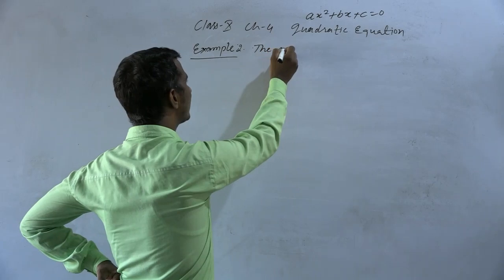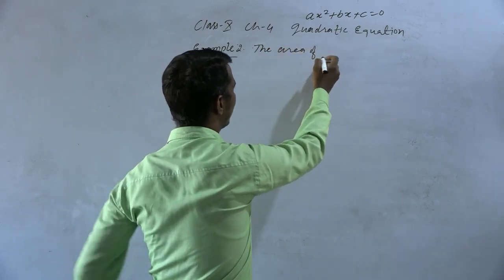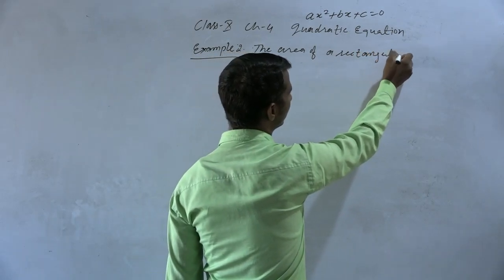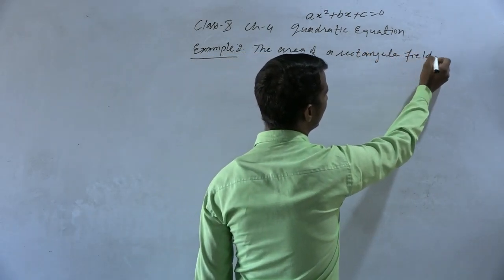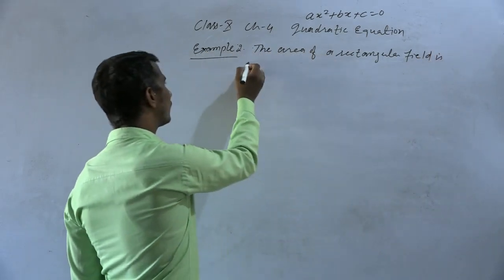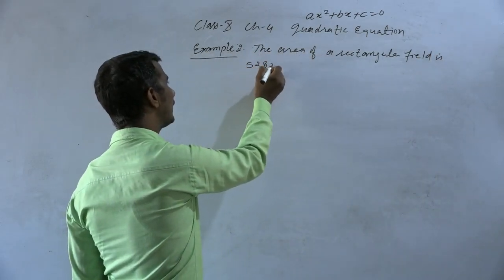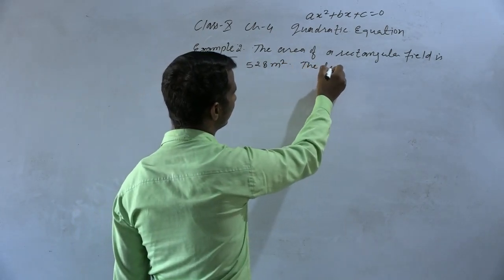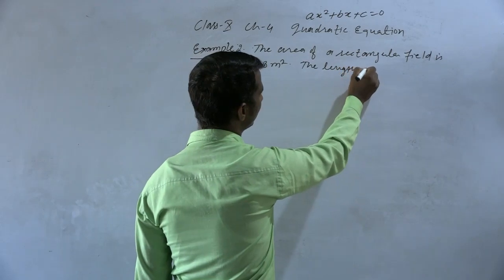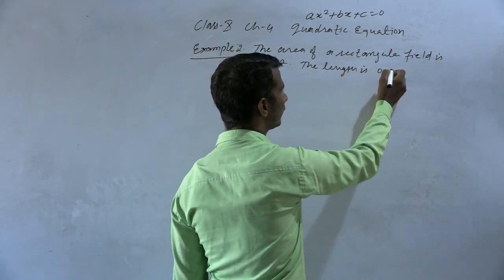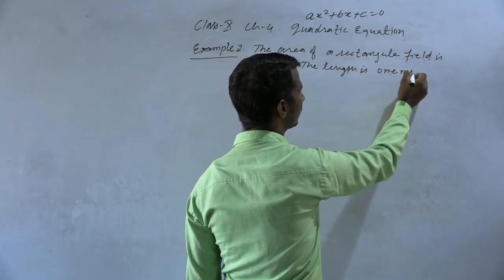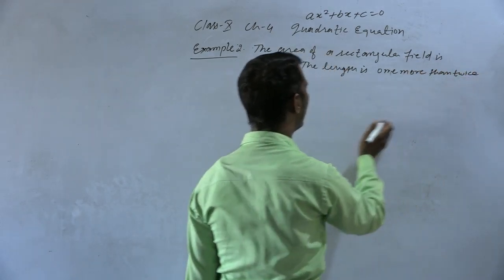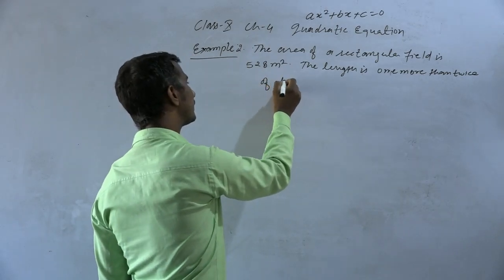The area of a rectangular field is 528 meter square. The length is one more than twice its width.